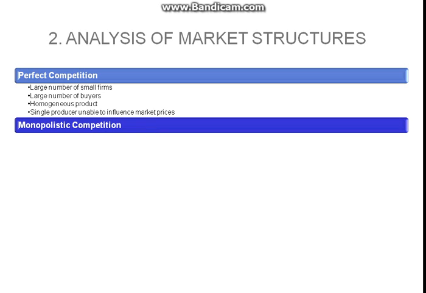Second one is monopolistic competition. There are many big firms, not a large number but many, and their products are differentiated. Nowadays we see many firms, big firms, producing differentiated products. For example, if we analyze the tea market, there are many firms producing tea.